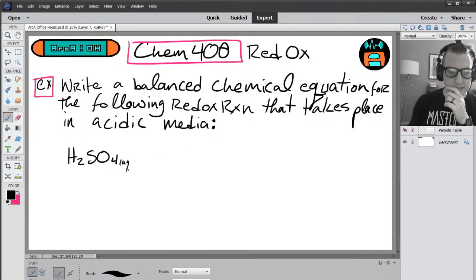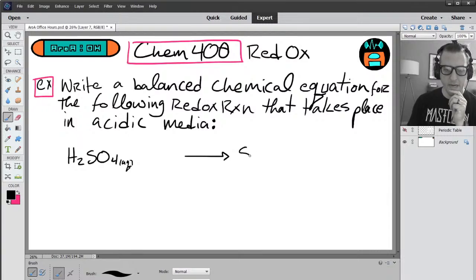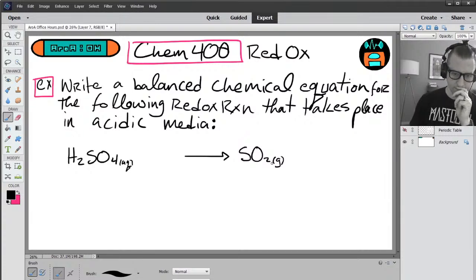So this is aqueous, and this is going to make SO2 gas.